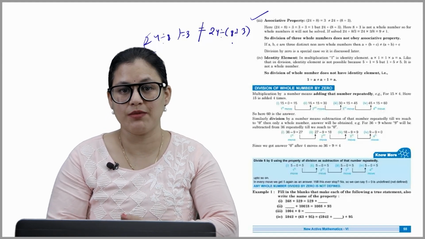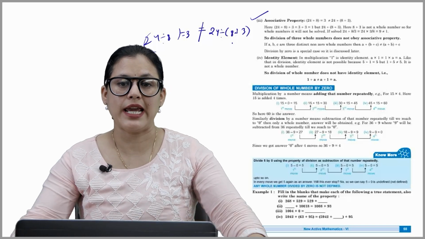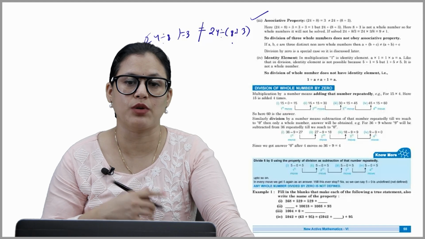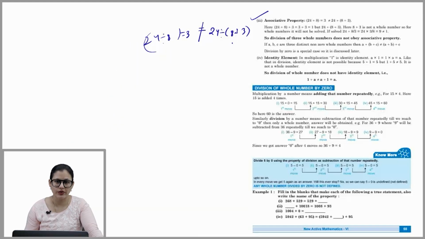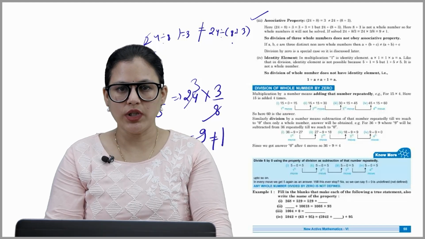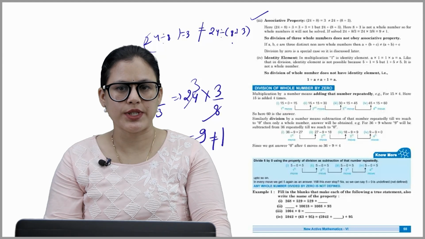But in 24 divided by (8 divided by 3), 8 divided by 3 is not a whole number, so for whole numbers it will not be solved. If solved, what will we get? 24 divided by 8 by 3 is equal to 24 into 3 by 8, which is 9. And it is not equal to 1, right? So, division of three whole numbers does not obey the associative property.